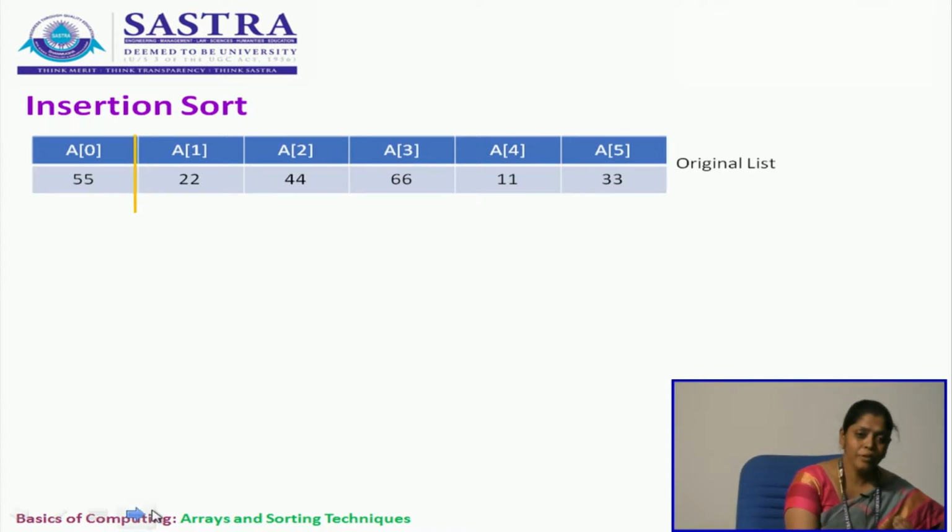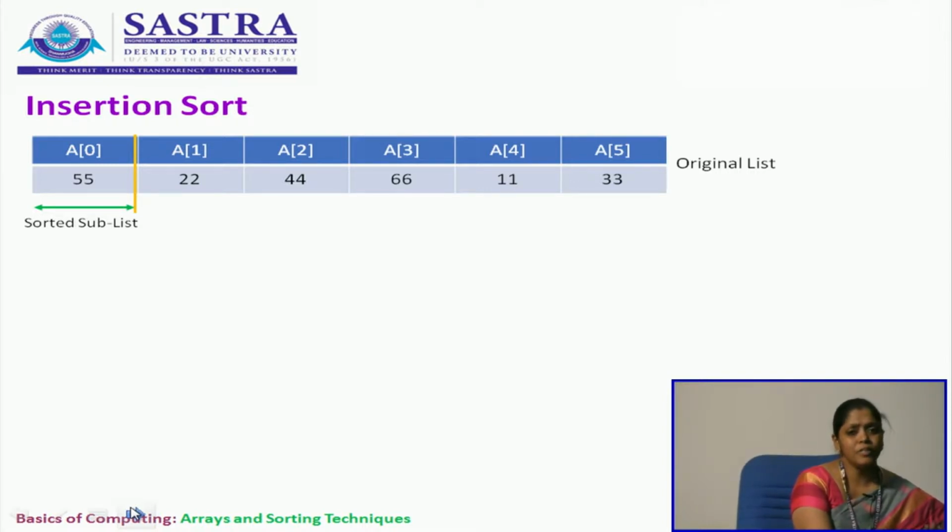As I told you in the previous slide, the entire array is going to be considered as two sub-arrays. We are going to split the array into two sublists, the sorted sublist and the unsorted sublist. Here this specifies the sorted sublist. Initially, for the sorted sublist, we are going to consider only the element at the 0th position. That is, A of 0 alone is now sorted. When there is only one element, obviously it is going to be a sorted one.